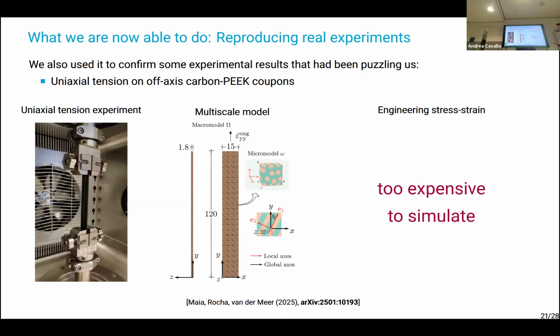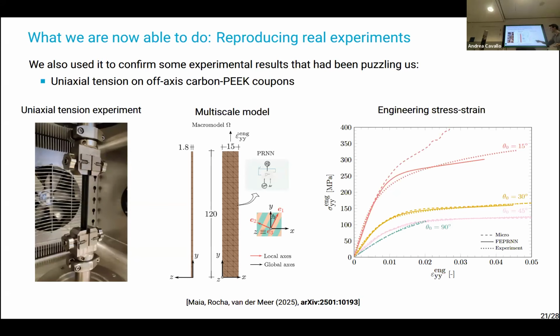So we don't have access to these results. But if we put the network, we get very nice predictions. So these are the solid lines. For all of these angles, we get a nice response that is close to the experiment. So for the first time, we could actually run these models, right? That we couldn't before.